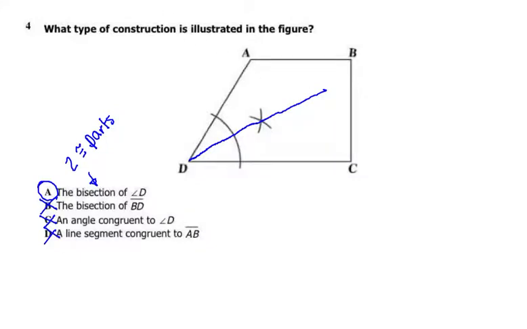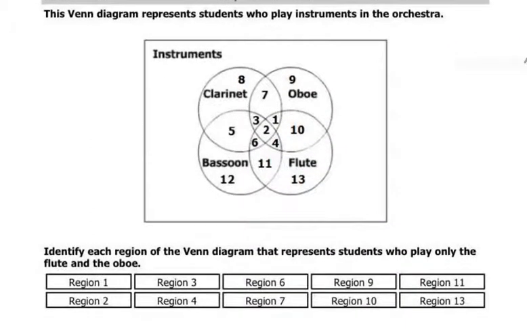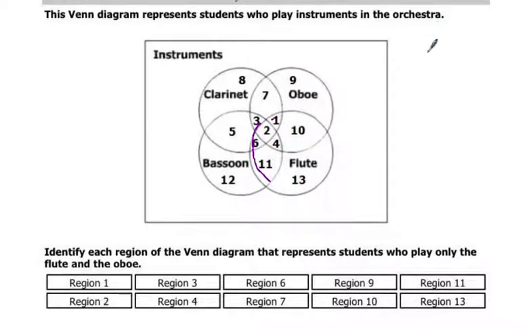All right, number 5. Woohoo, number 5. This Venn diagram represents students who play instruments in the orchestra. Identify each region of the Venn diagram that represents students who play only the flute and the oboe. So if they play only the flute and the oboe, then they play both. So flute is all this circle. I'm not a good drawer.